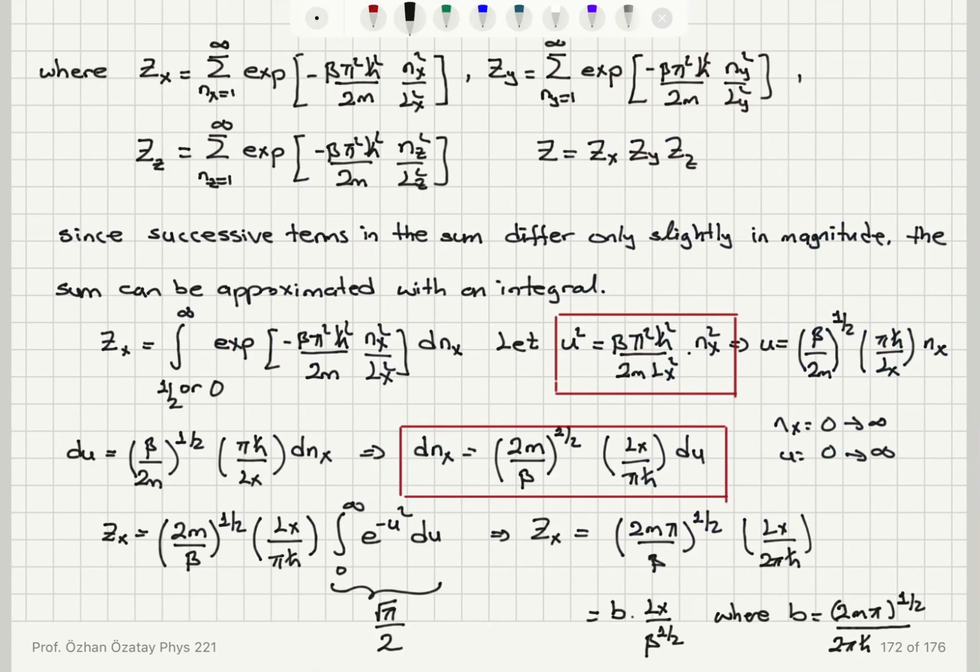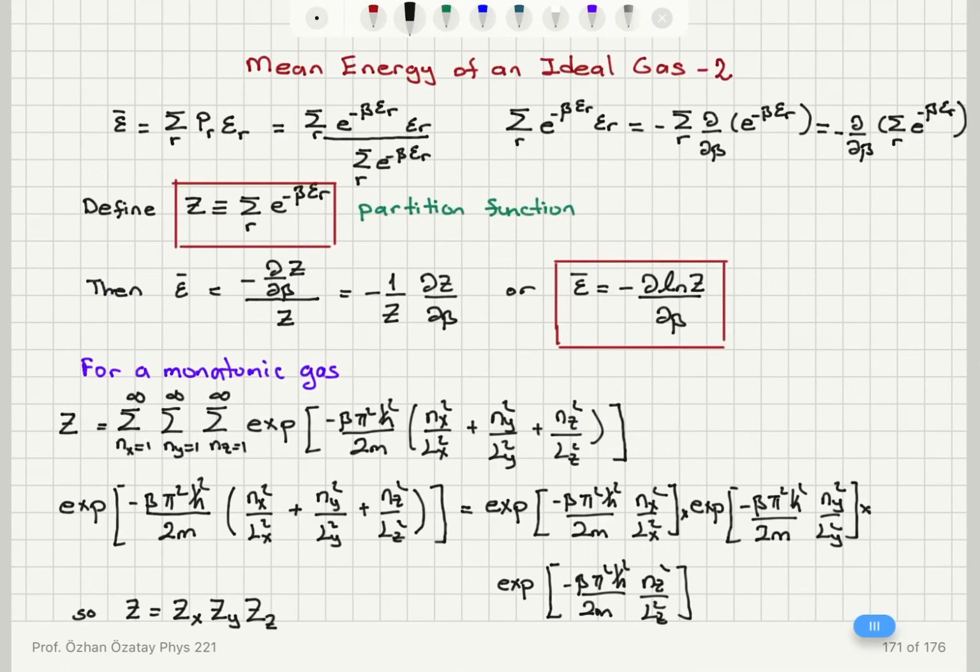So let's review what we said. Well, we're using the canonical distribution to calculate the mean energy of one molecule in the ideal gas, and that is the Boltzmann term multiplied by the energy in state R, summed over all possible states, divided by what we called the partition function. And we have shown that the mean energy is given by minus the derivative of the natural logarithm of the partition function with respect to beta.